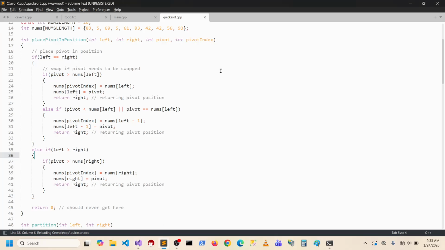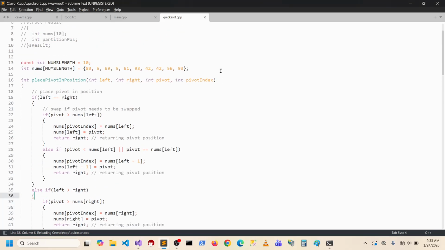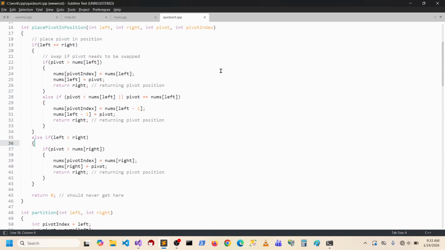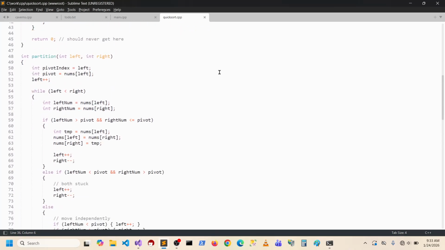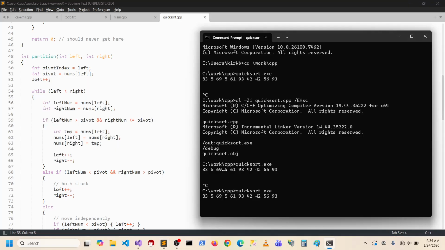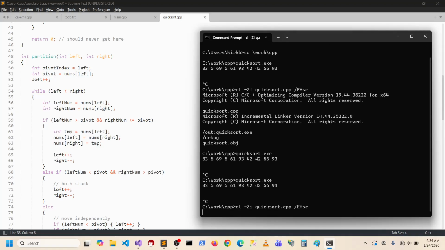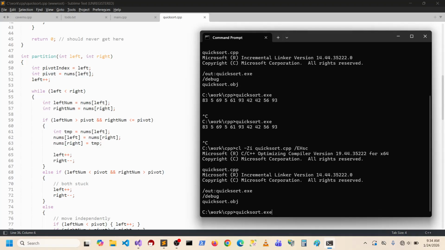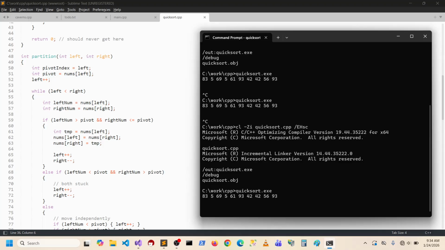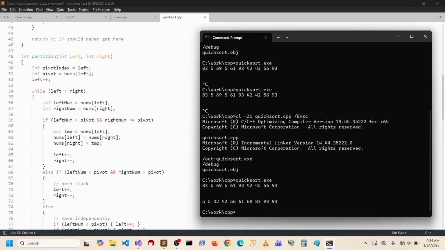And we are right. Partition equals. All right. What are we doing here? This is still stuck, isn't it? Let's do that. Quicksort that. 5, 42, 42, 56, 61, 69, 83, 93.